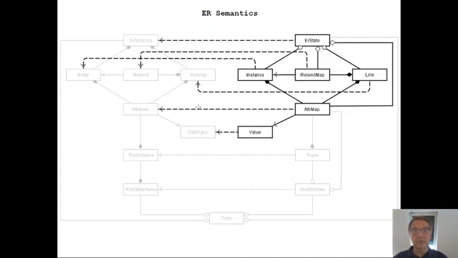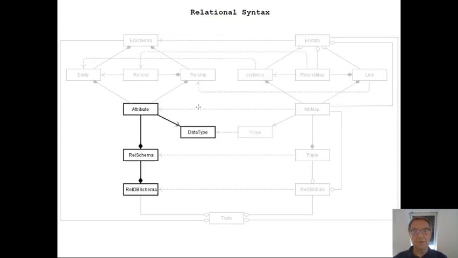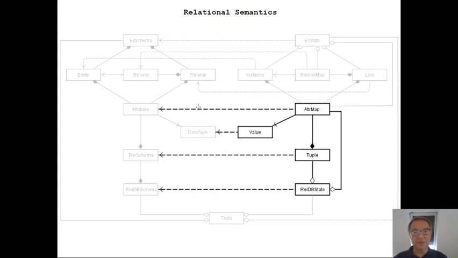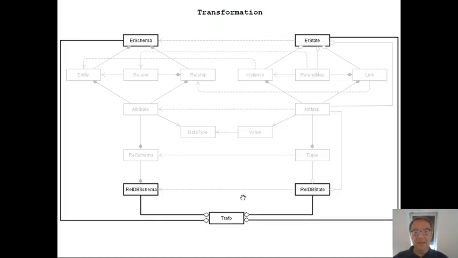So that was the ER semantics, that was the relational syntax, that was the relational semantics with the relational database state consisting of many tuples. And the transformation now connects an ER schema and a relational database schema, and it connects the corresponding ER state with a corresponding relational database state.